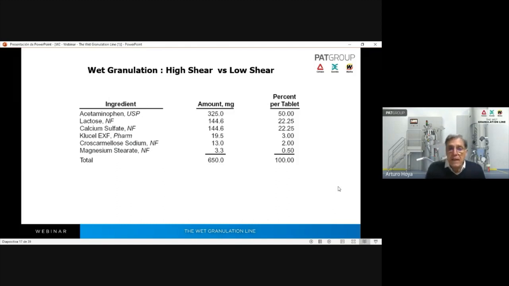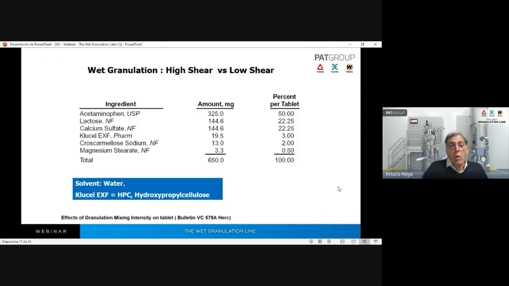The granules obtained are good in flowability, but the best compactability is obtained in high shear. This is the formula: acetaminophen, lactose, and other common excipients, and water is the solvent. Here you have the citation.